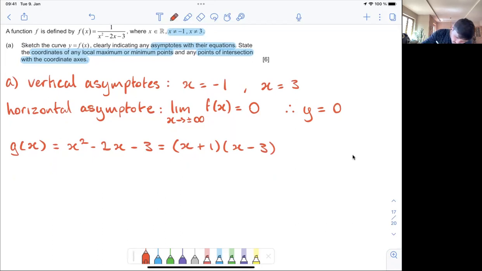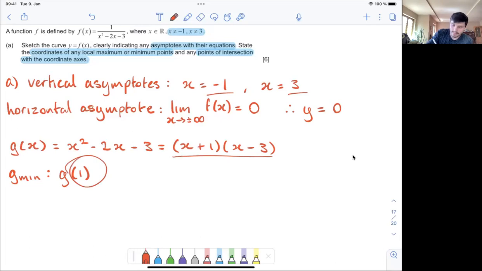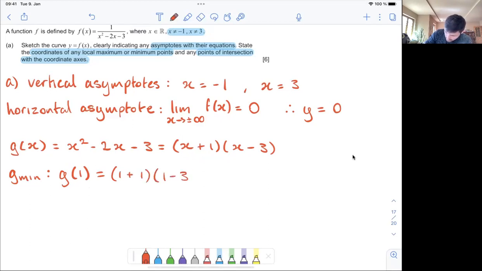Okay, so the minimum point of g(x) will be the x value that is directly in between -1 and 3. Okay, and that's x is equal to 1. All right, and so now if we put that into our function, we're going to get 1 plus 1 multiplied by 1 minus 3.